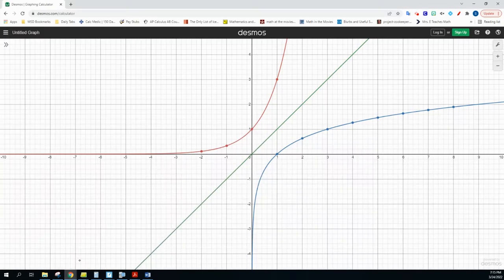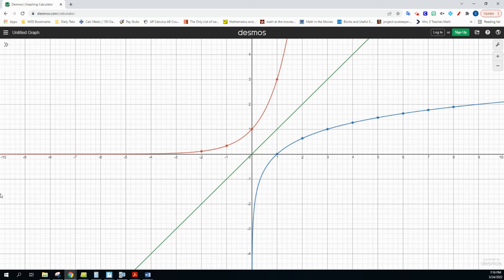This red graph is our exponential growth graph. This is 3 to the x. The green line is our reflection line of y equals x, and this blue graph is the inverse of the red graph, which would be log base 3 of x. We can see that if we reflected the red graph over the green line, we would get this blue graph.